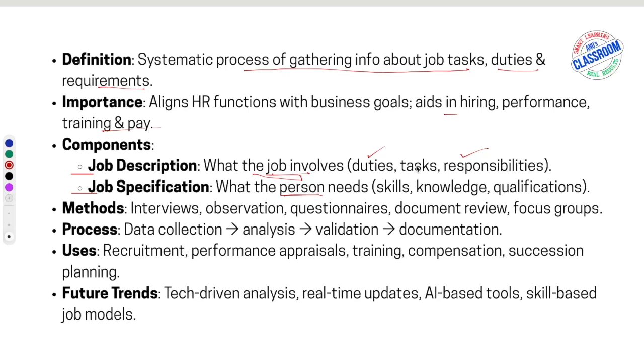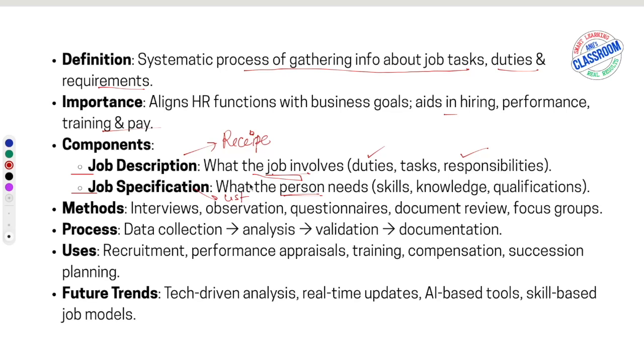Things like that. All these things are part of the job specification. So you can say that job description is like the recipe, and job specification is like the list of ingredients that are required to make that recipe.